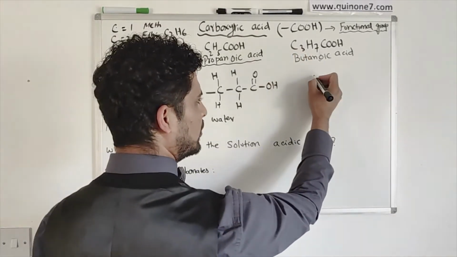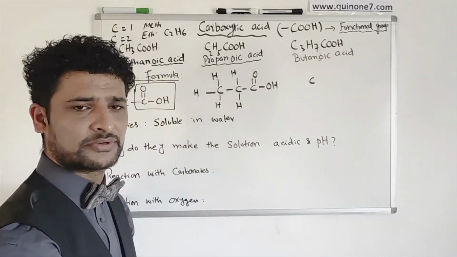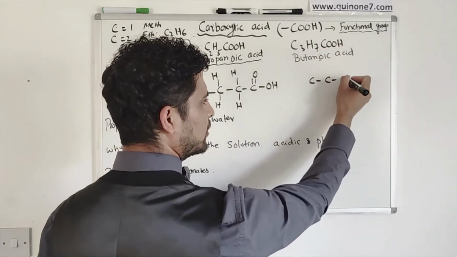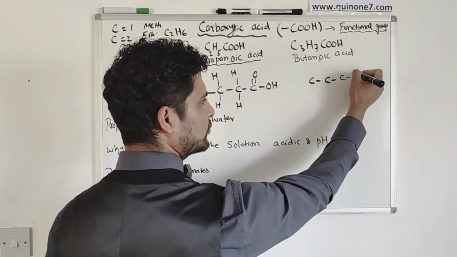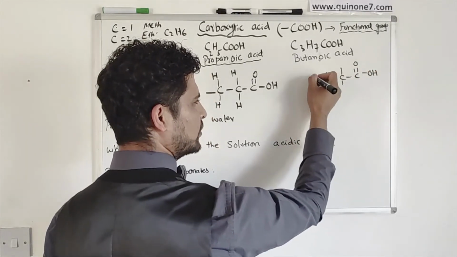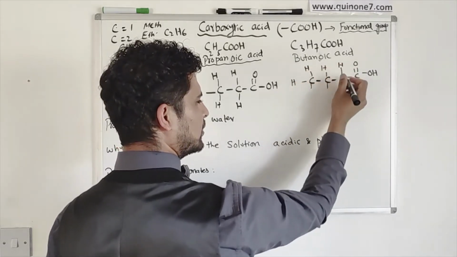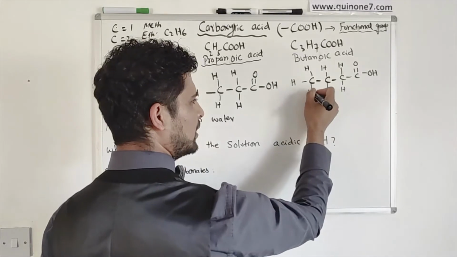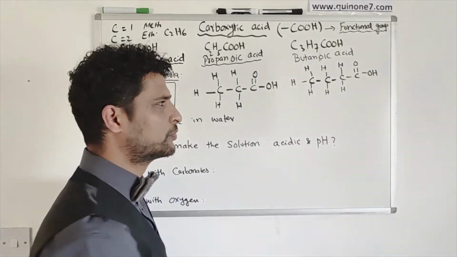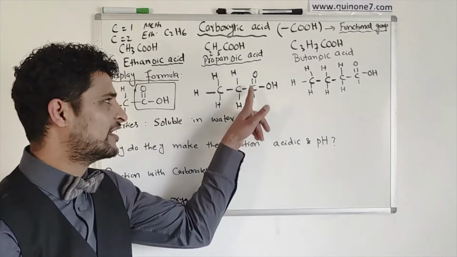Let's do the third one, which is 3 plus 1, because this carbon will also be counted. You write down the 4 carbon atoms, you convert the last one into COOH, and the rest of them you just draw the lines and you complete the hydrogens. Please be careful, do not put a line underneath this carbon atom, otherwise this carbon atom will have 5 bonds.